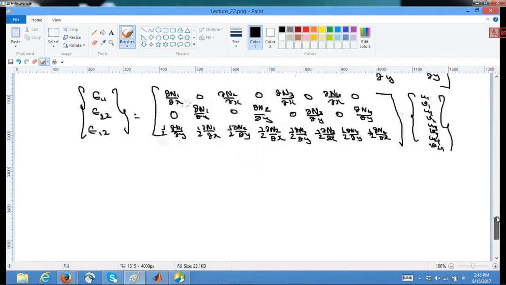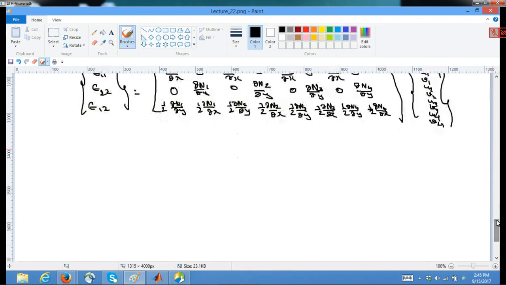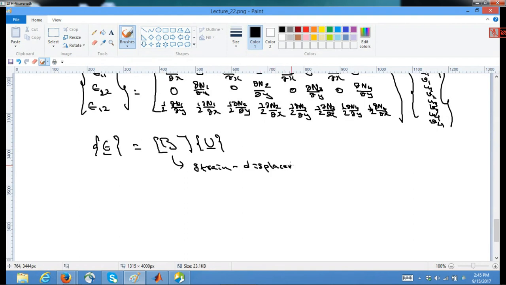So this is quite an important thing which we have done. The epsilon vector is given by the B matrix times the degrees of freedom. So this is called the strain displacement matrix, and this relationship is called the strain displacement relationship.